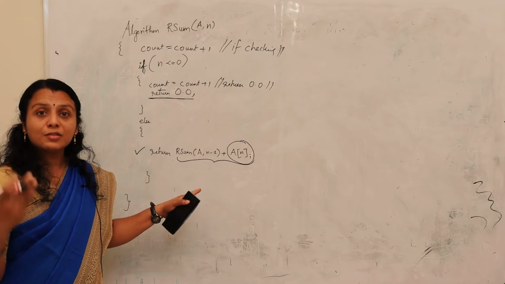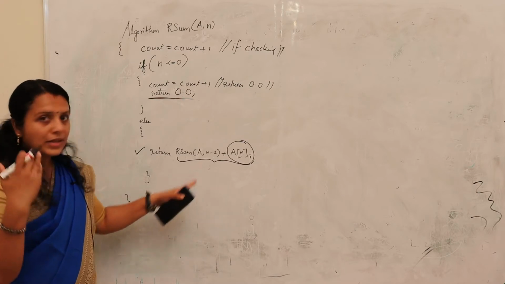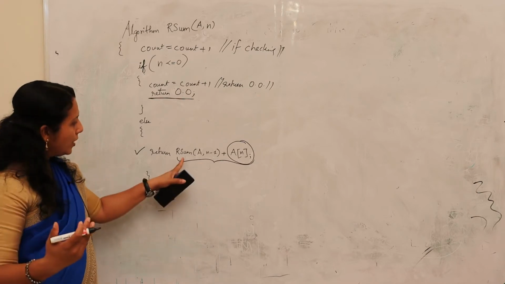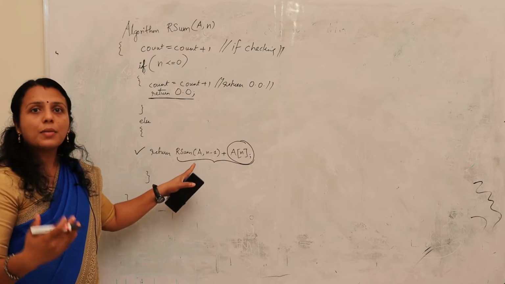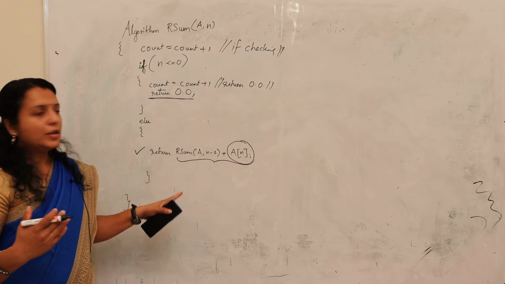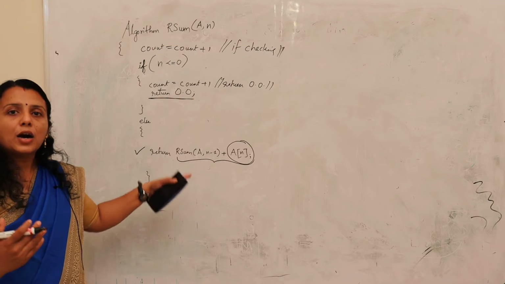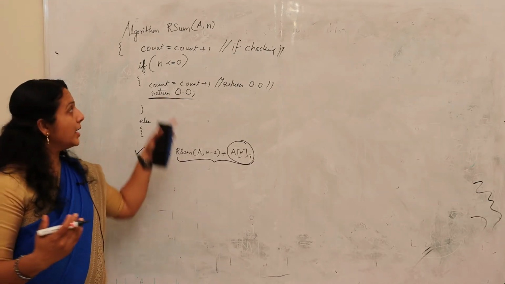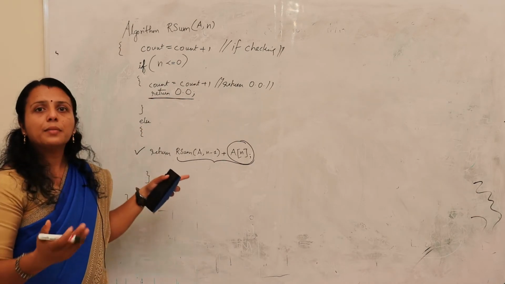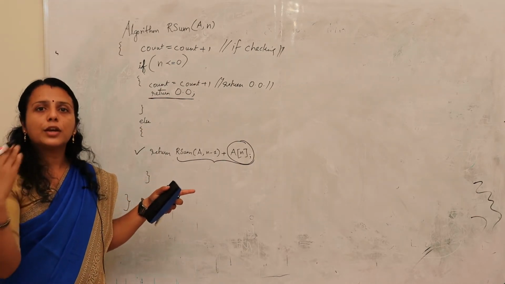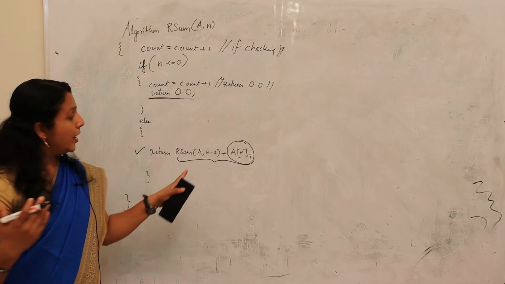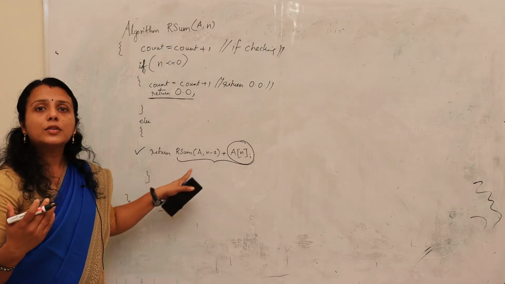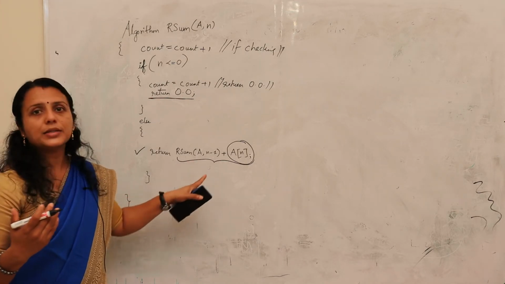Rest n minus 1 elements are there, and for that n minus 1 elements you are invoking r sum a comma n minus 1. So I hope you understand how this recursive function calling is happening. I have already discussed the implementation of this program in my previous videos. You can go and re-watch those videos if you don't understand how the working of this statement is happening.